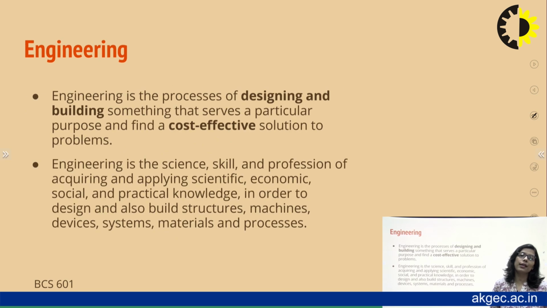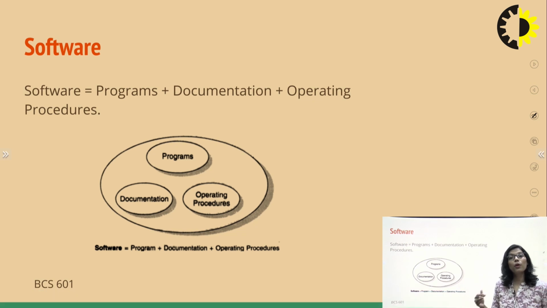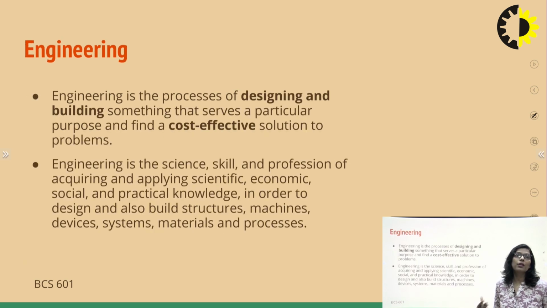What is engineering? Engineering is a process of designing and building something that serves a particular purpose and finding a cost-effective solution to the problem. Engineering means that we are here to solve the problem in a step-by-step manner. So the purpose of software engineering is to solve the problem of how we can make a successful software in a methodological way.